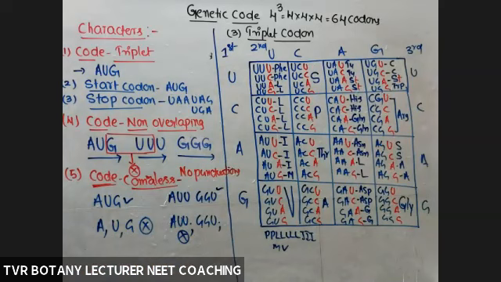So we should not use a full stop, comma between any two successive codons or between nucleotides. No punctuations, no comma, no full stop. So that is called as a code is commaless, no commas, no full stops. Next character.